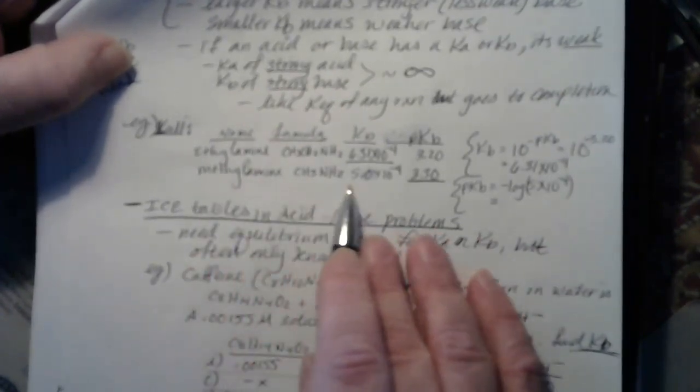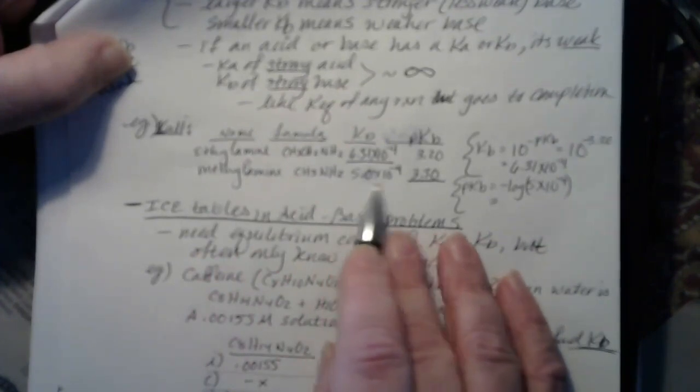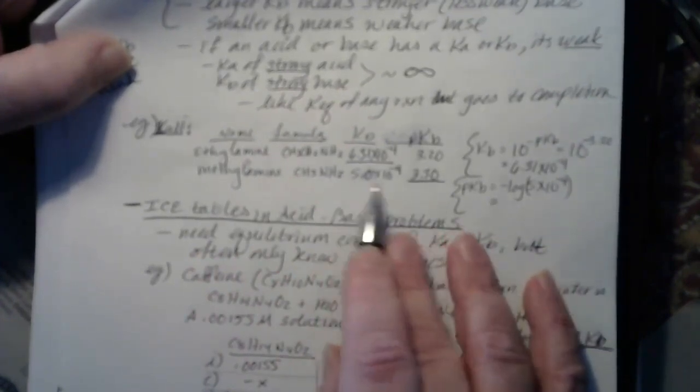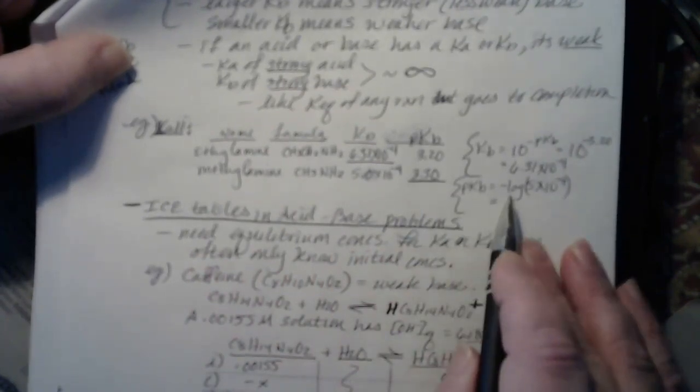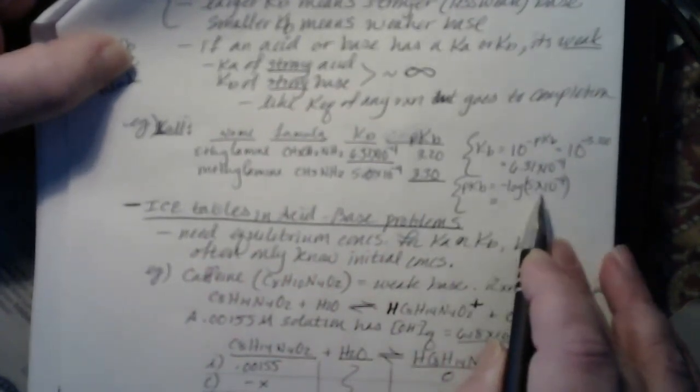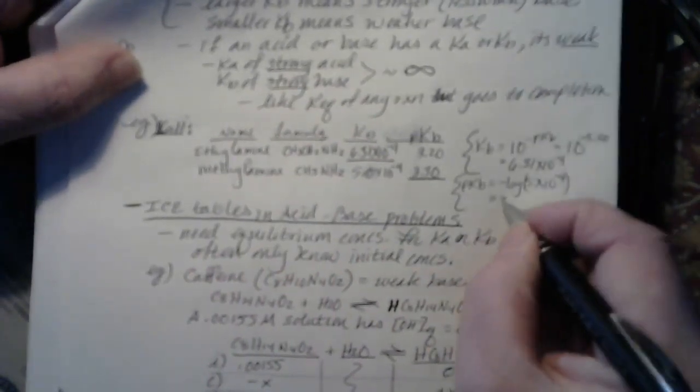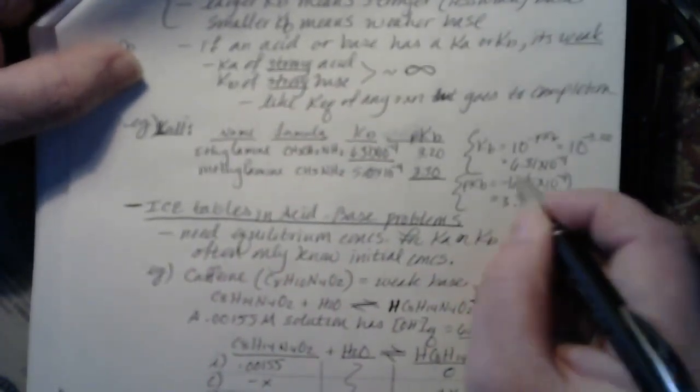For the second example, methylamine, it gave us the Kb and wanted pKb. So if you've got the Kb and you want pKb, pKb is just the negative log of the Kb, and that's going to be 3.30 in this case.